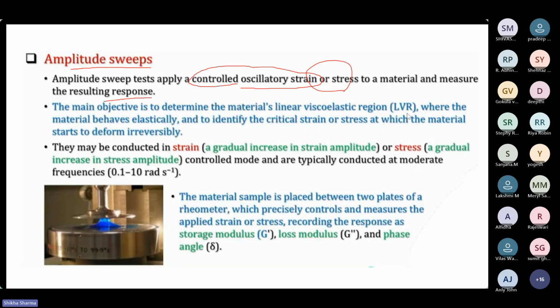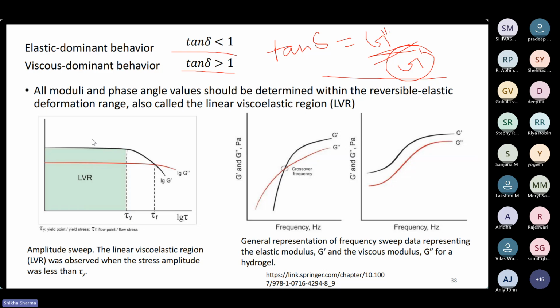From this we get to know the material's linear viscoelastic region, where the material behaves elastically, and after a particular critical stress or strain, the material will start to deform irreversibly. So basically this is the property of a viscoelastic material.